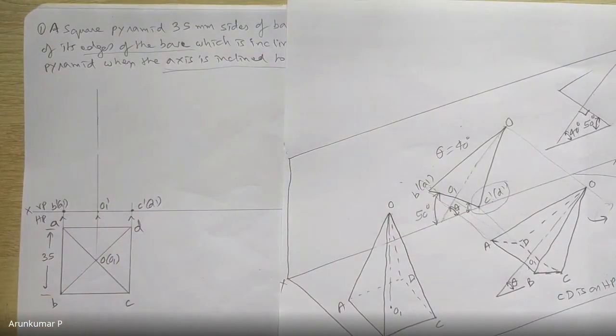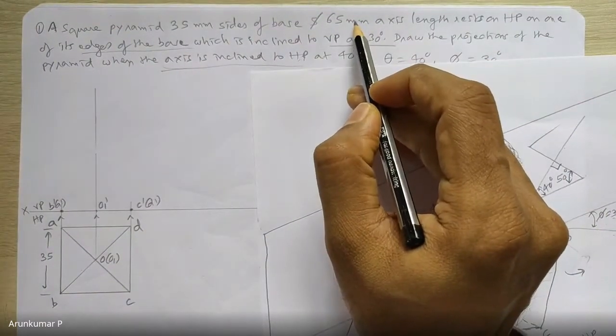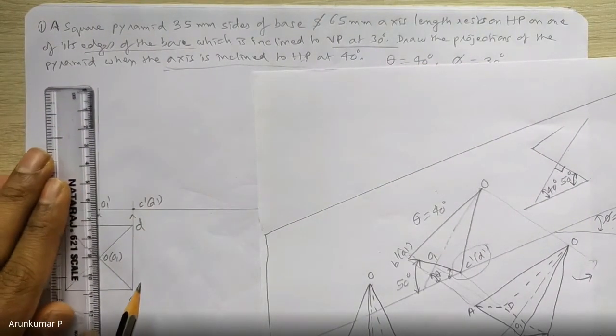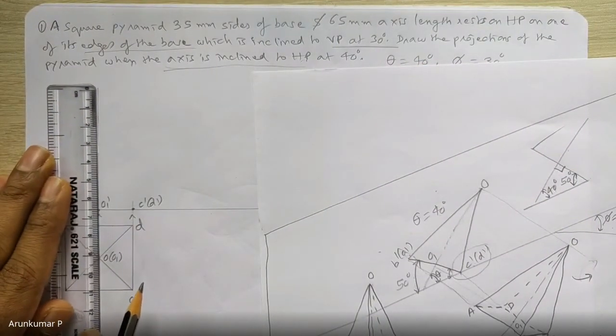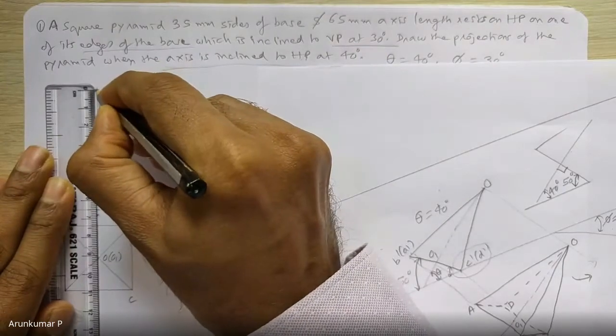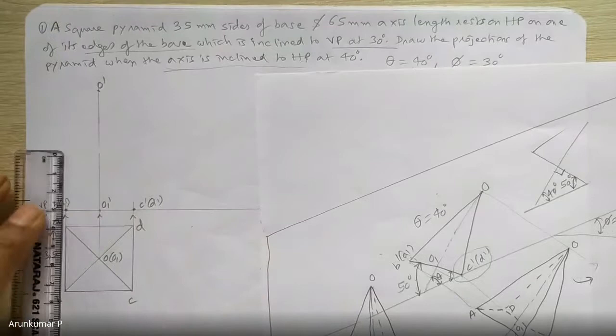And apex, you can locate at 65 mm height. So what you do is, you have to measure 65 mm above XY line. So somewhere here. So this point is O dash.